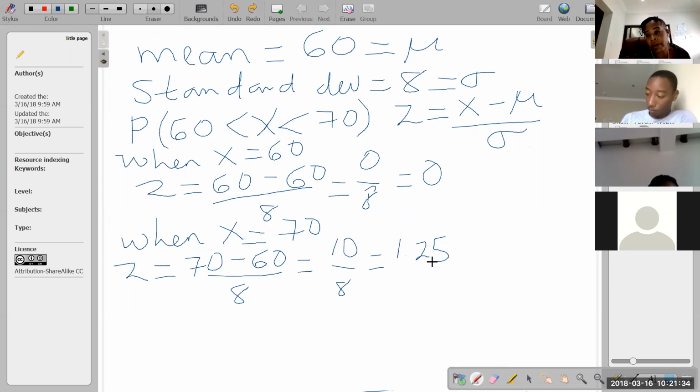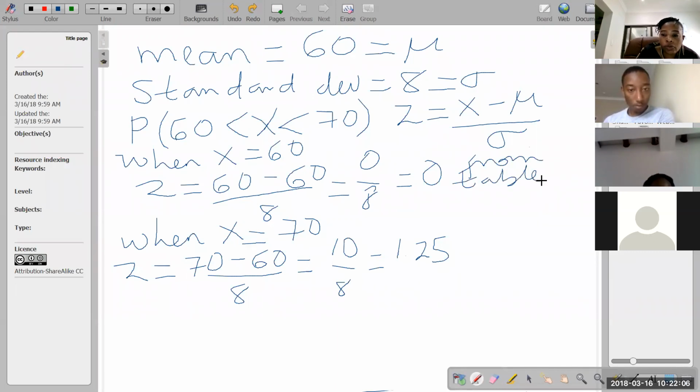Is this clear up to this point? Any question? Now, having calculated our z values, we go to the table, the standard normal distribution table I gave you on Monday. When z is 0, from the table we get 0.0000.